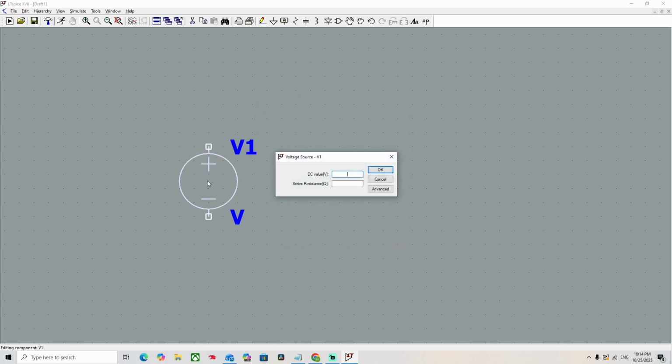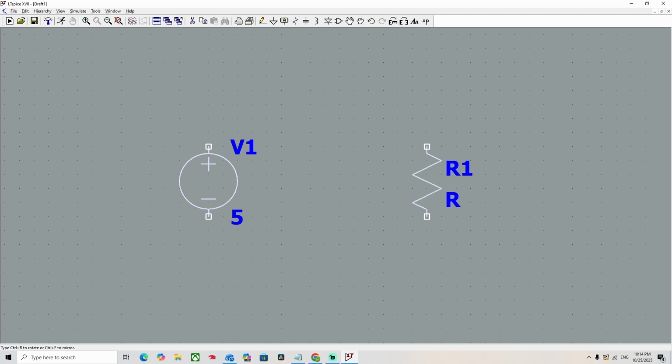Let's just assume a 5-volt power supply, and then add a simple resistor, and just leave it blank. Just imagine that there's no value attached to it. You just leave it as R1, and this is just an example for writing an equation.